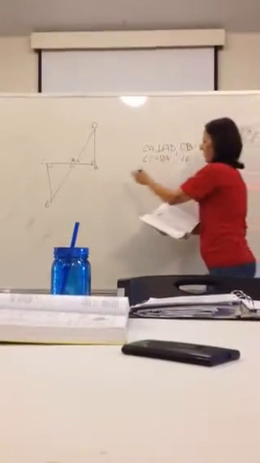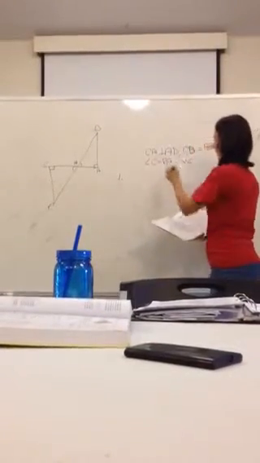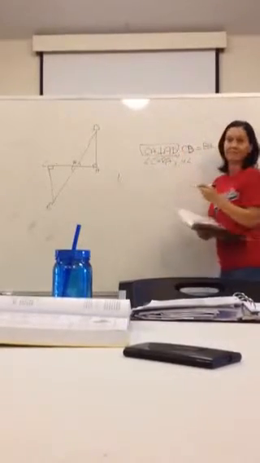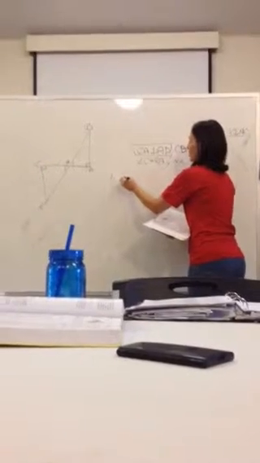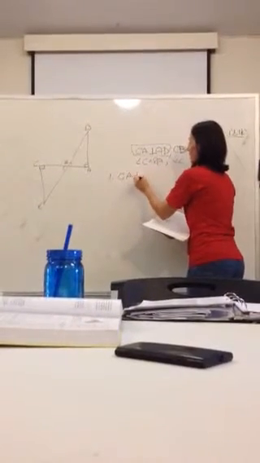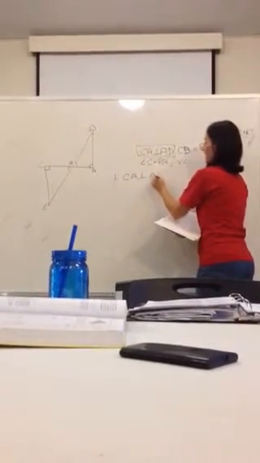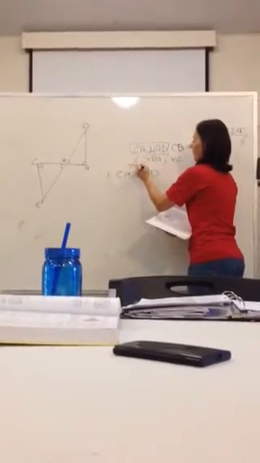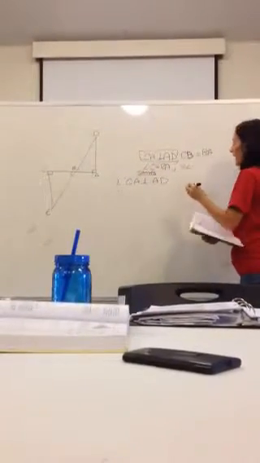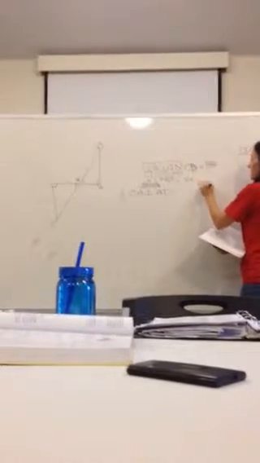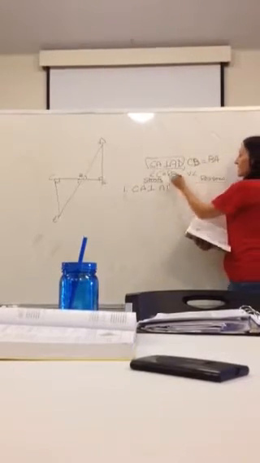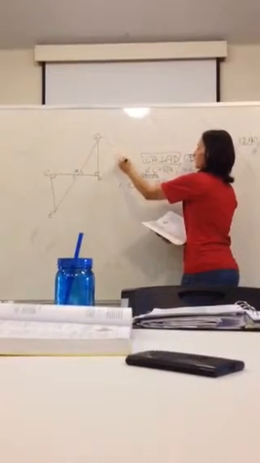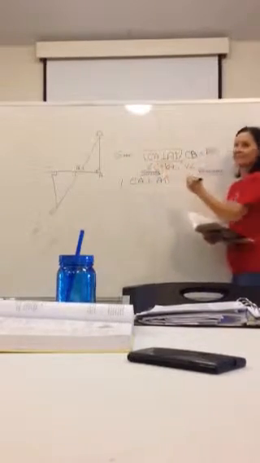All right. So our first statement, I'm going to come up with the first given. Okay? My first statement is going to be CA is perpendicular to AD. All right, your statements for your proof are always on the left. Your reasons are always on the right. All right? My reason is because right before this, there's a little word that says given.